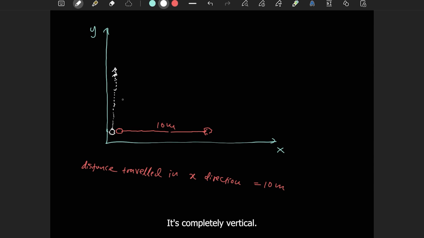It's completely vertical. So let me take that this object has traveled 10 meters in this direction. So the distance traveled in x direction, this time y direction, I mean my orange color object here. So this is the orange color object.